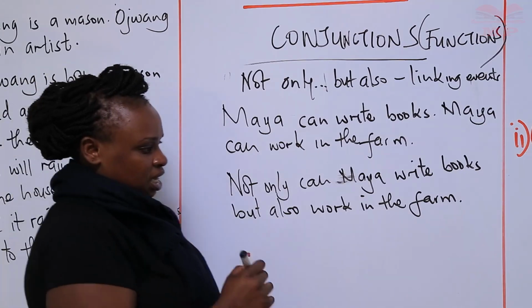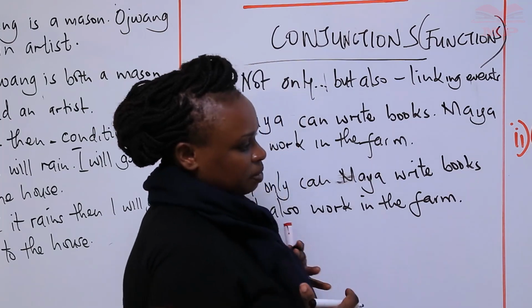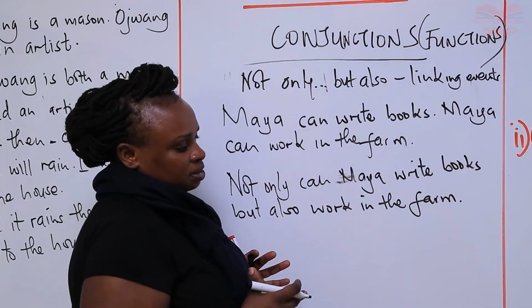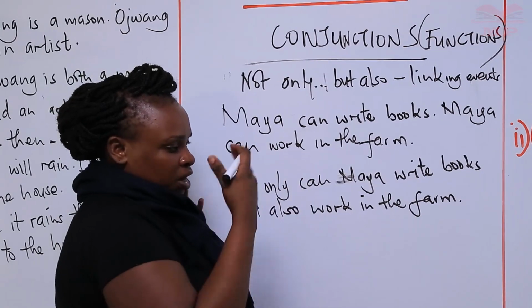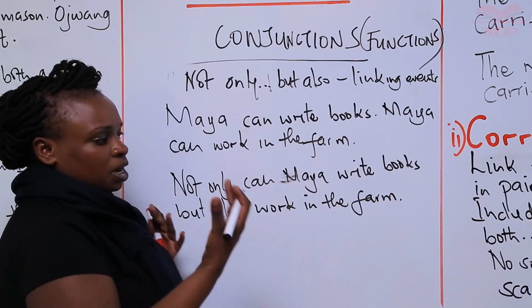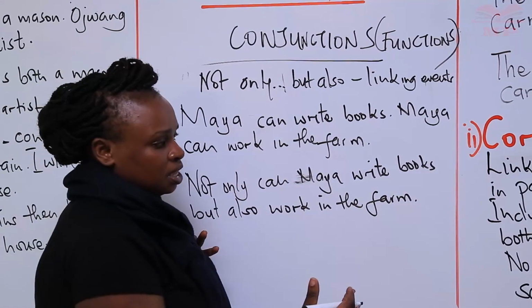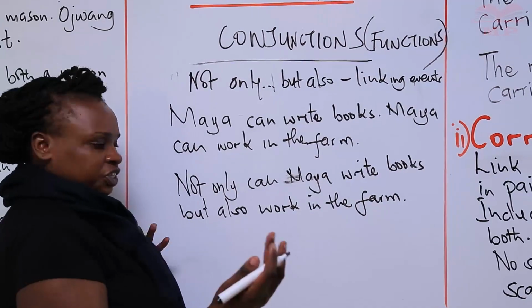All right. Now we have no sooner than, hardly when, scarcely when. They almost work the same way, such that one action has to happen before another begins. It shows sequence, where two actions have to follow each other.